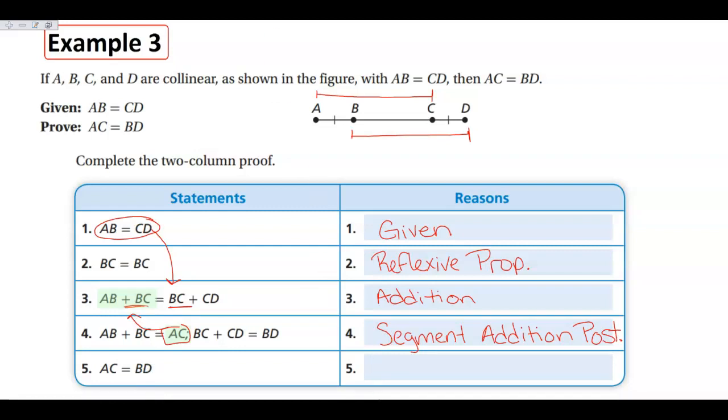Then on the other side, I see that I have BC plus CD. Well, right here I have BC plus CD. What does that equal? That equals BD. So I'm going to take this and I'm going to plug it in to here. Okay, what am I going to be left with? Here's that BD, and here's the AC.